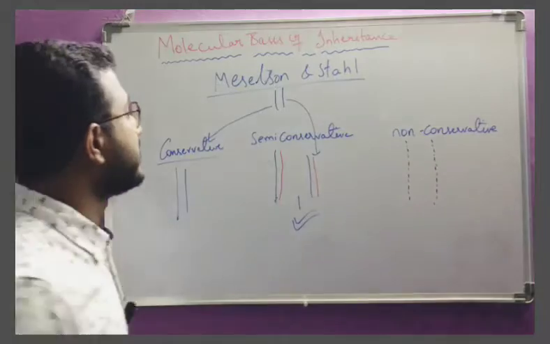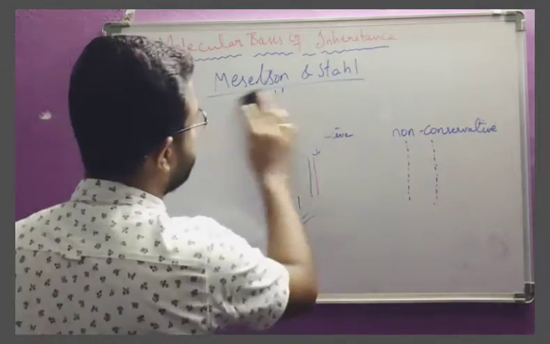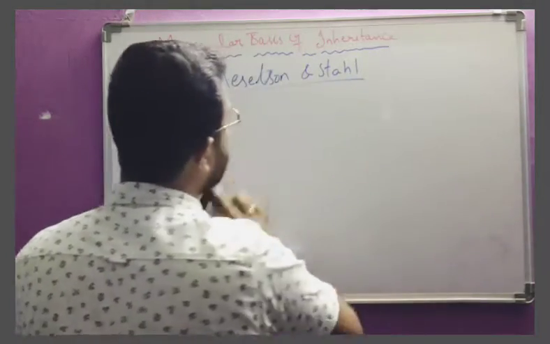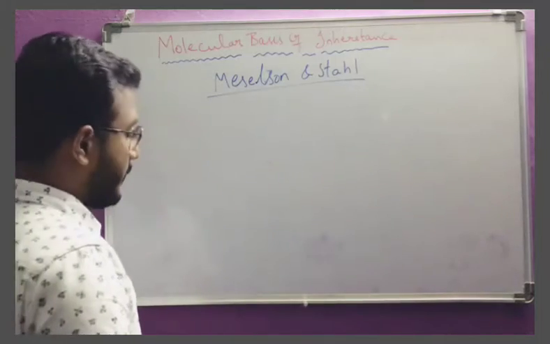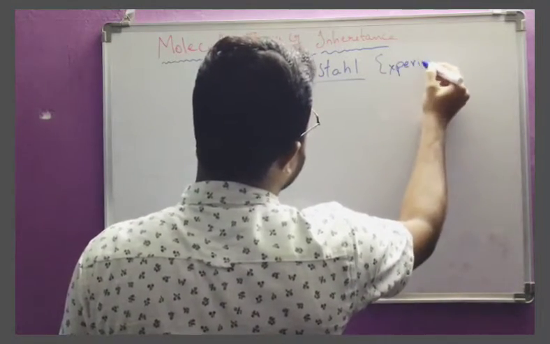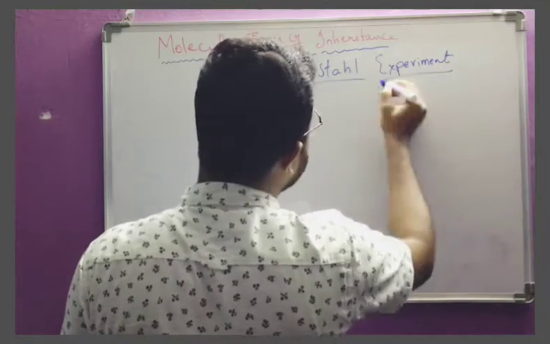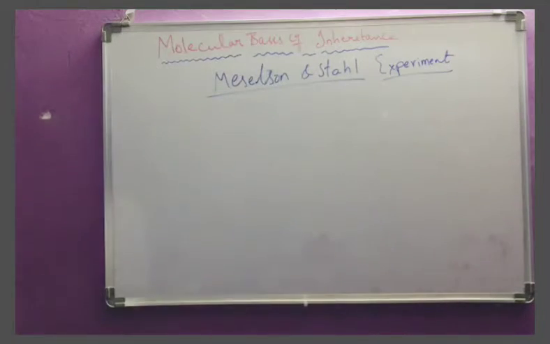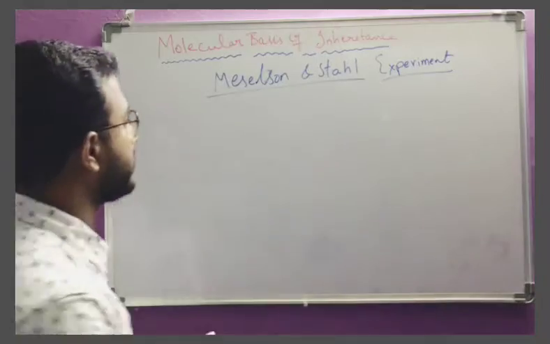the Meselson and Stahl experiment. Meselson and Stahl experiment. So we will see what it is, and it is very important for exam. They can ask problem based questions also from this topic.